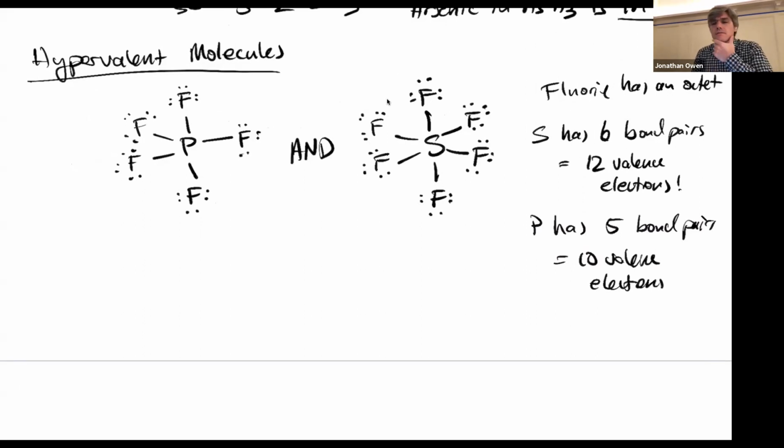And so these drawings here violate the octet rule. These molecules appear to violate the octet rule. And what I'm going to tell you is that it's the drawing that's the problem, not the molecule. So what are we going to do about that? I'm just going to make a note here.